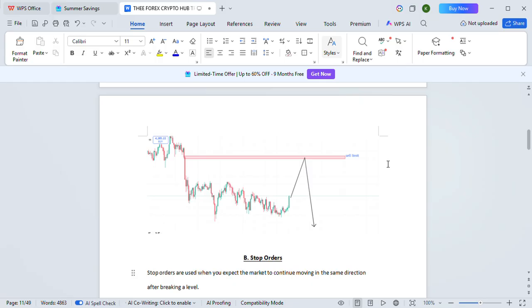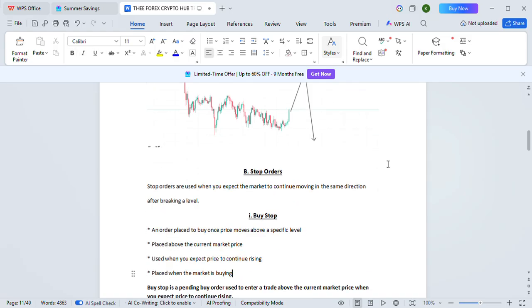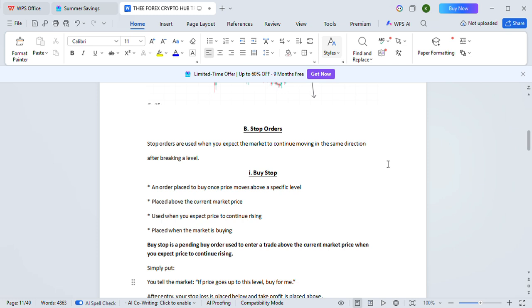I hope we are together up to that point. Now let's check on the last, the stop orders, so that when we go to demonstration in our demo accounts, we will do all of them at once. Now we have stop orders. Stop orders are used when you expect the market to continue moving in the same direction after breaking a level.